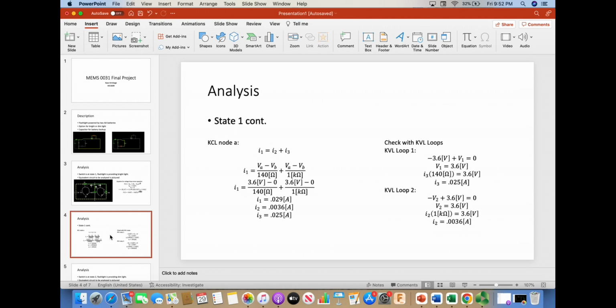Thus, I3 equals 0.025 amps, which checks out with my KCL equations. Taking KVL at node 2, negative V2 plus 3.6 volts equals 0, and simply V2 equals 3.6 volts. And using Ohm's law, I2 times 1 kiloohm equals 3.6 volts, which simplifies to I2 equals 0.0036 amps.